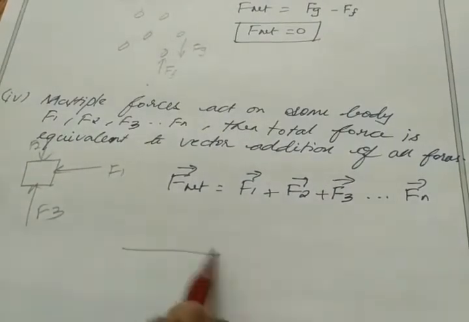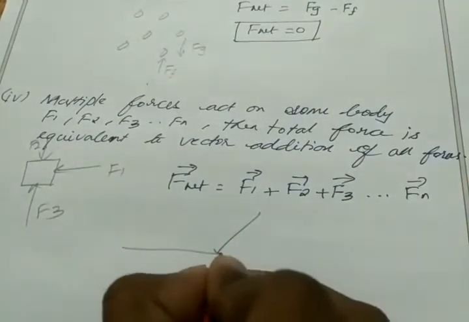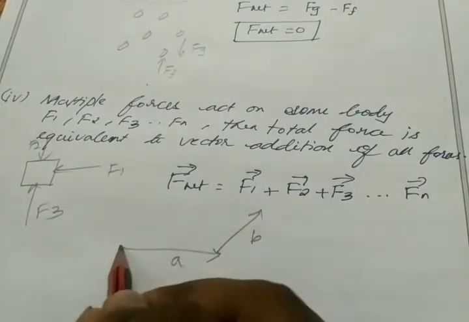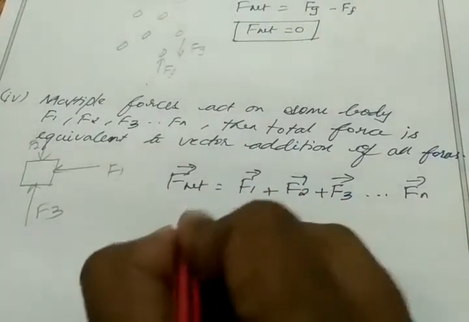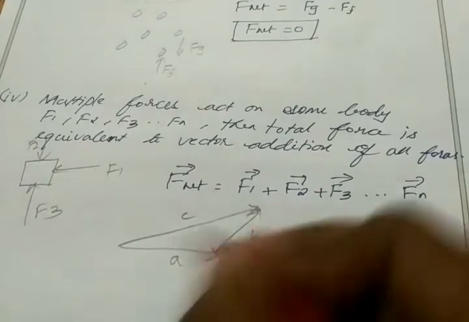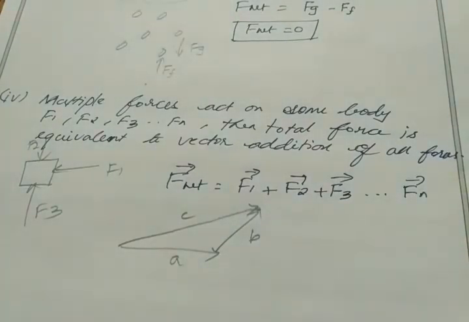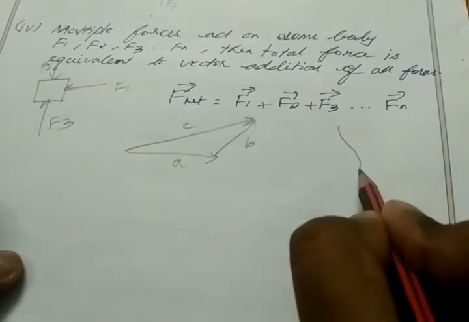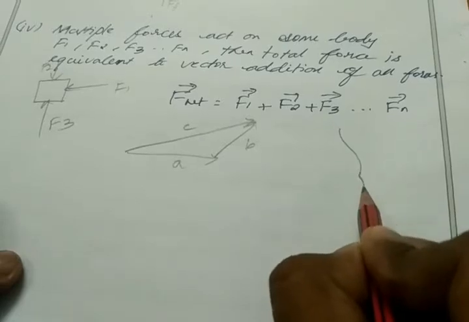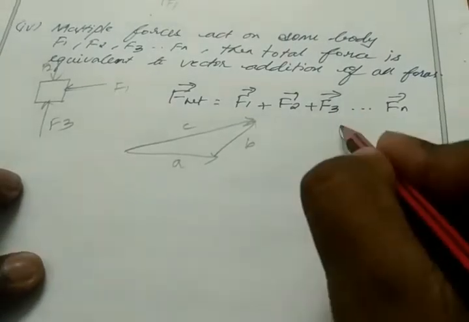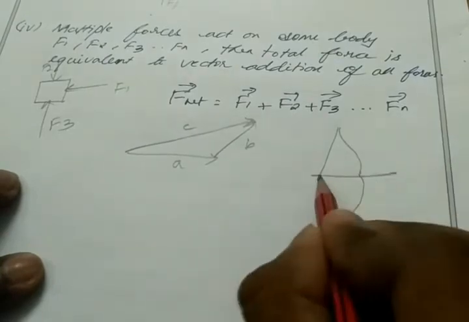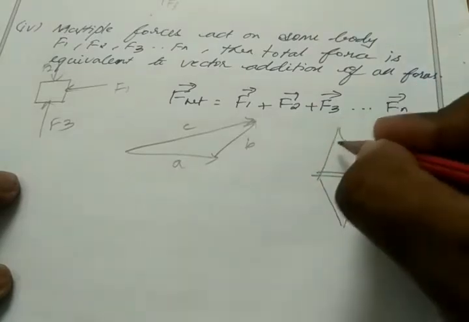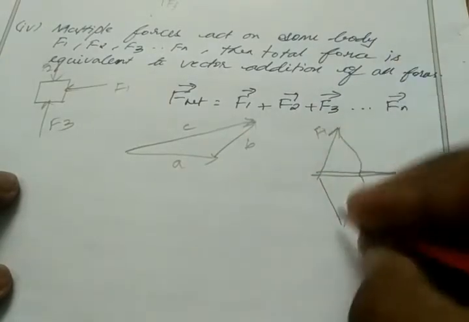We can say two forces, force A and force B, acting on an object, then the resultant force acts like this. This is force C, our resultant force. Clear? For example, take a bow and an arrow. Here some tension force acts on the arrow, provided by the two adjacent strings.